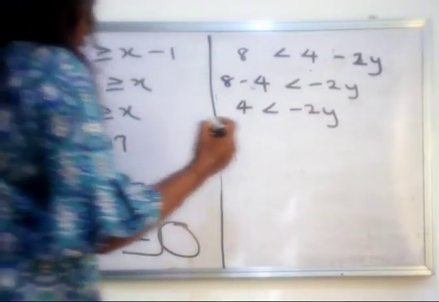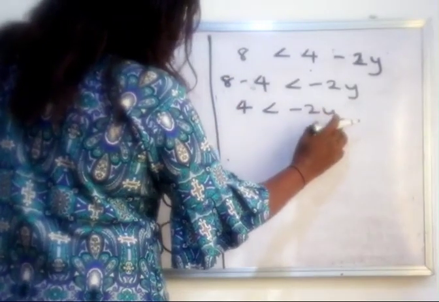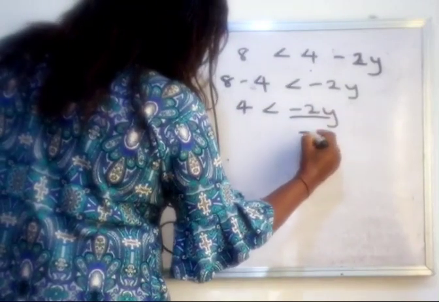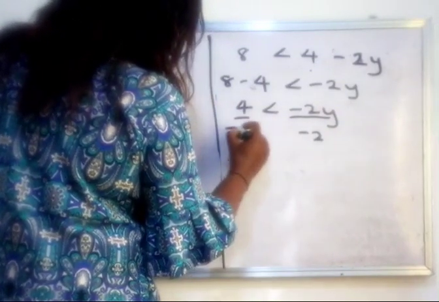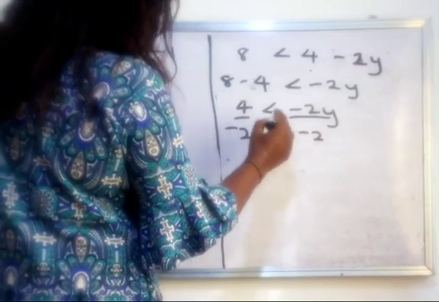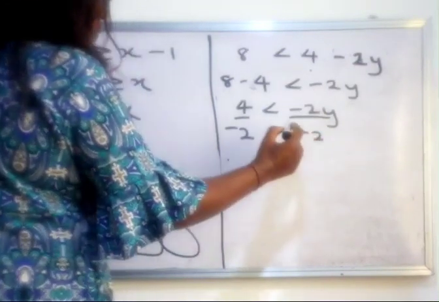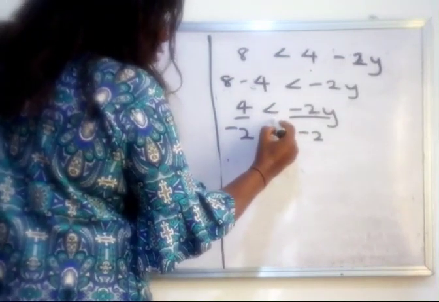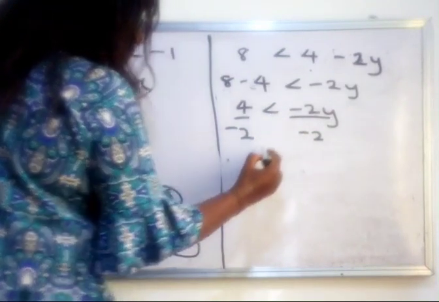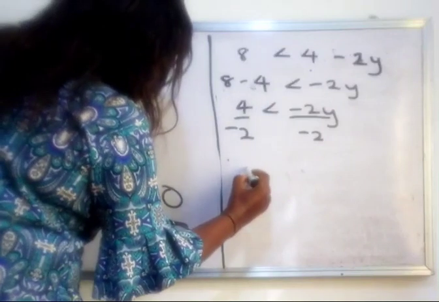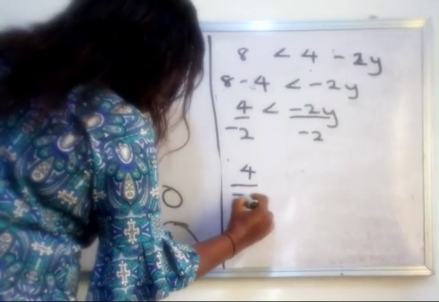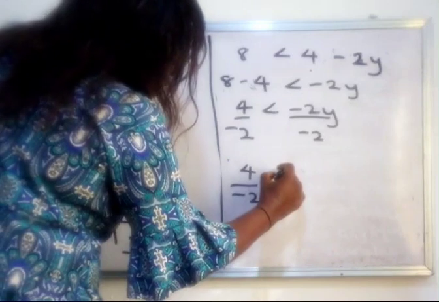As with normal equations, we need to get y to be on its own, so we need to divide both sides by minus 2. But something happens here. When you are dividing both sides by a negative, the sign in the middle has to change. All right? So we are going to rewrite this now. It will become 4 over minus 2 will now be what?